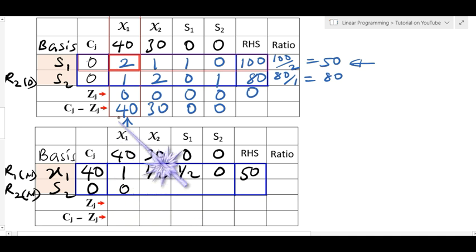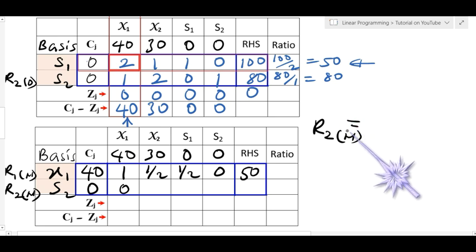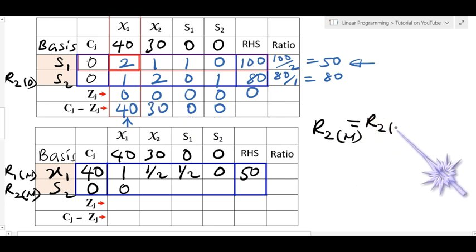And so we want this place to be 1, and here we want it to be 0. So you multiply R1 by a factor and subtract from that. Look at this formula: R2 new is equal to R2 old, minus a factor multiplying the pivot row. Let's call that factor x, minus x times our pivot row.